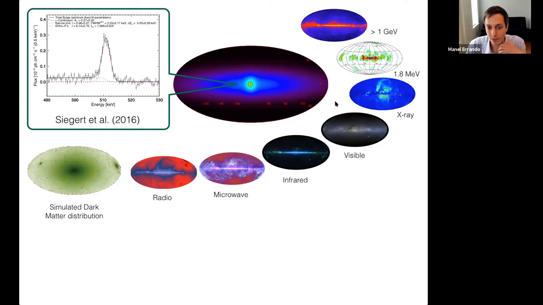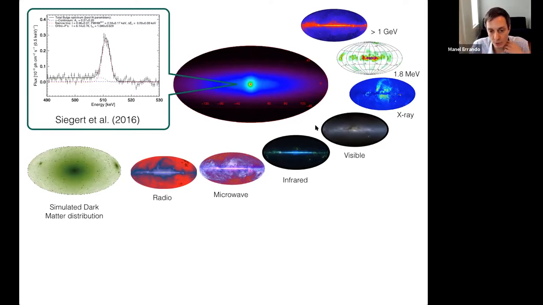For instance, this is a map of our galaxy in visible light, in the light that we see. So if I look at the sky, I see the Milky Way. And how does the Milky Way look? Well, it's brighter towards the center of our galaxy. And then it's sort of a stripe in the sky, because our galaxy looks like a disk, so we're looking through this disk.